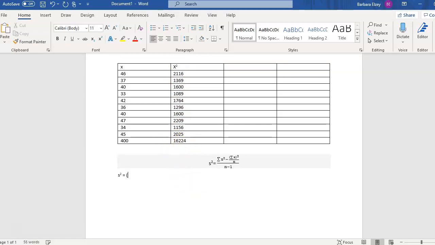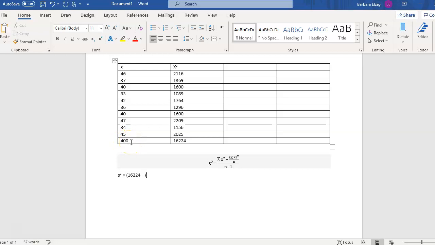So 16,224 minus. Now let's notice the second part of the top. On the top of this smaller fraction, we want the sum of the x column, and we're going to take that sum and square it and divide it by the number in our sample. If we look at our x column, the sum of the x column is at the bottom.